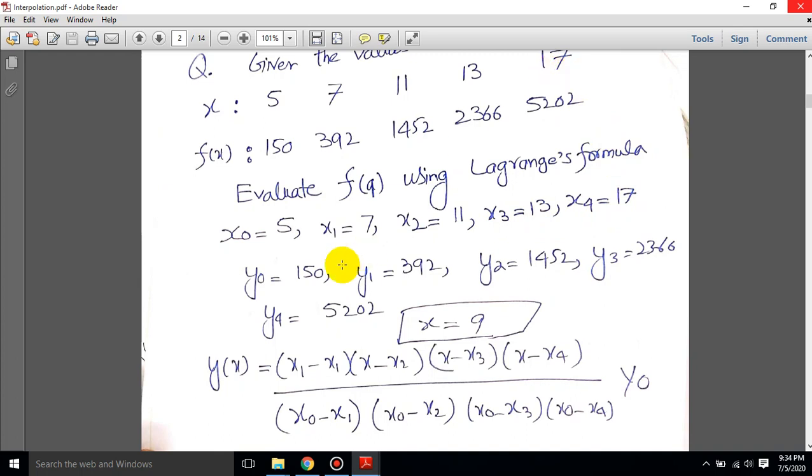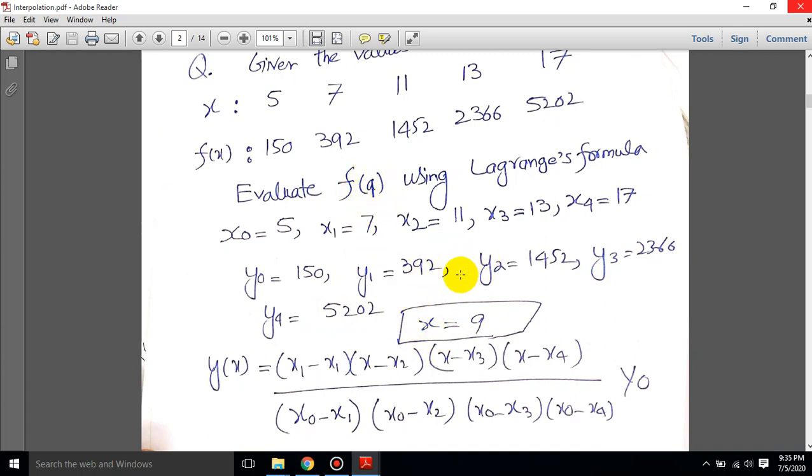Remember from the relationship of the difference operators that f of x is equal to y. So y naught is 150, y1 is 392, y2 is 1452, y3 is 2366, and y4 is 5202. What we have to find here is the value at x equal to 9, that is f of 9.